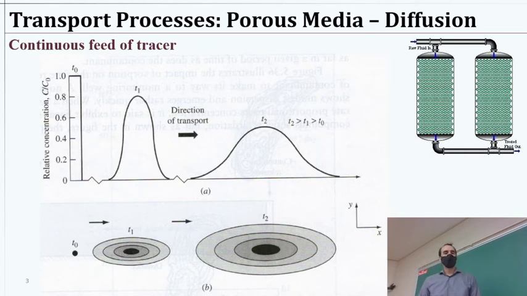Okay, so another look at this. If we take a look at diffusion, what diffusion is going to look like is, instead of adding a continuous feed, well, we'll talk about continuous in a moment, but if we added just a spot, and again, that napkin example, if we put some ink on a spot and then allowed the molecules to diffuse, our initial time point is just one little dot here, and then over time, we'll see the concentration expanding outward pretty much uniformly in random directions, giving us a nice little circle here, and on as time goes on.